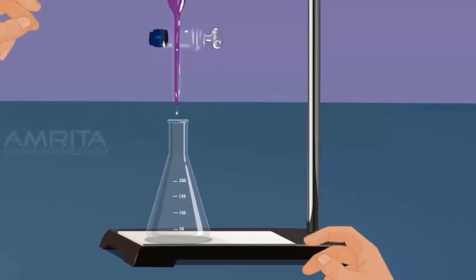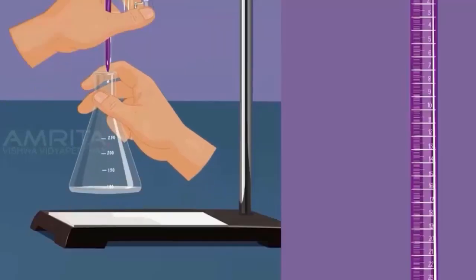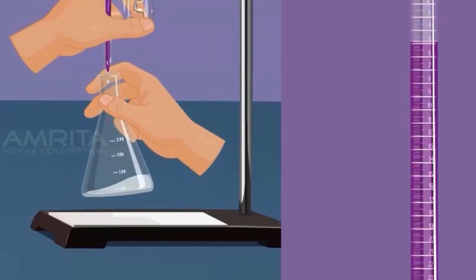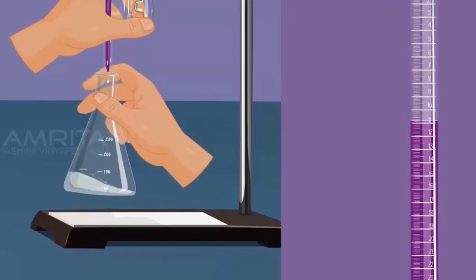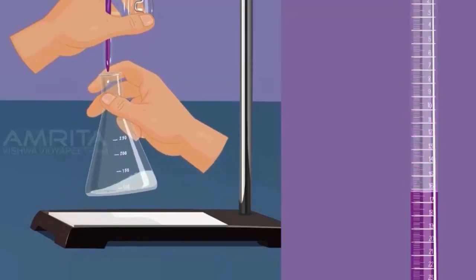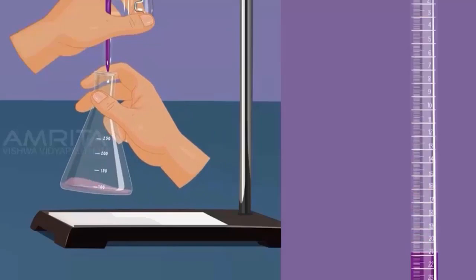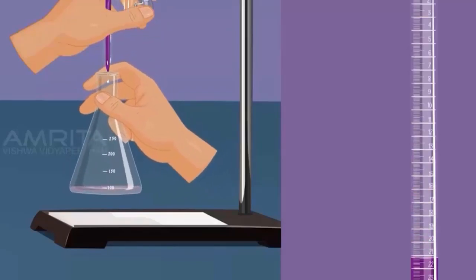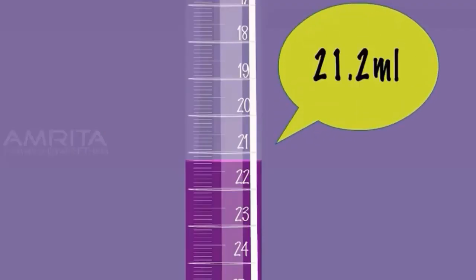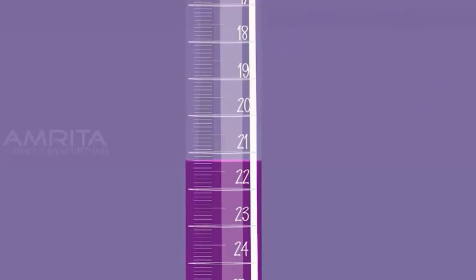And now we are ready for the titration process. We open the tap. While stirring the analyte, we keep adding the titrant over the analyte until we have a change in color. We close the tap and read the equivalence volume from the burette.